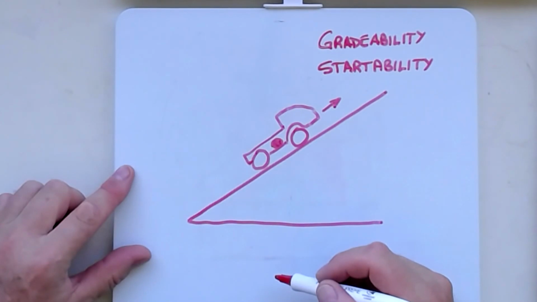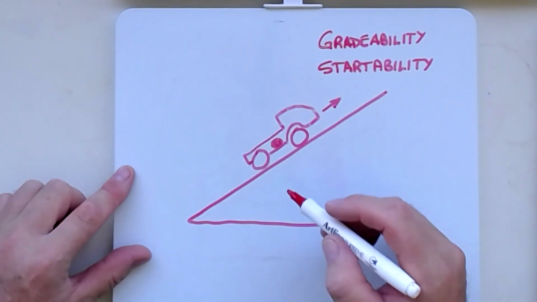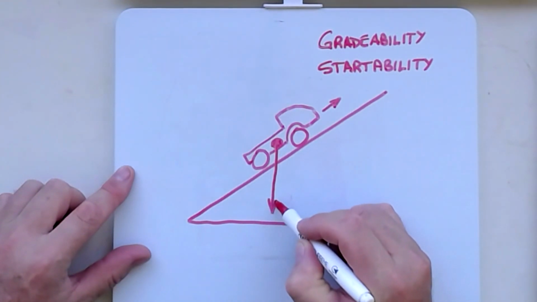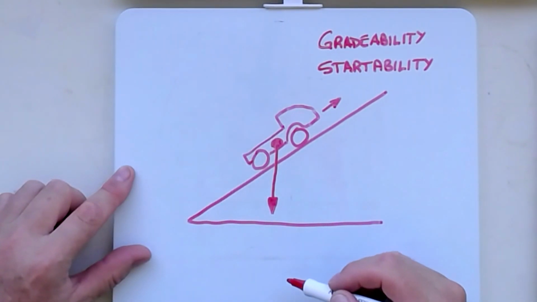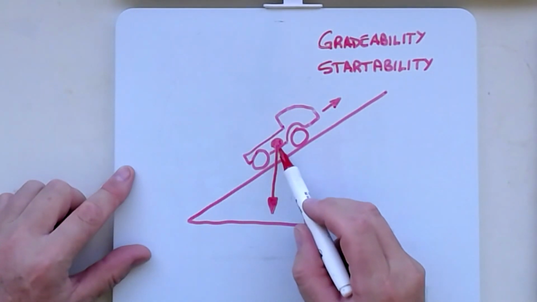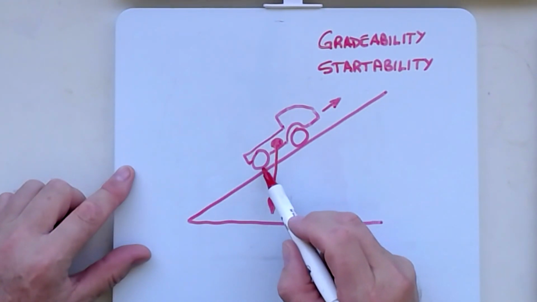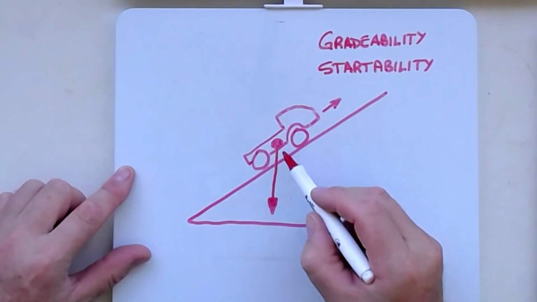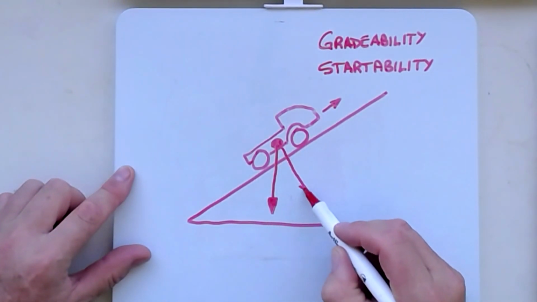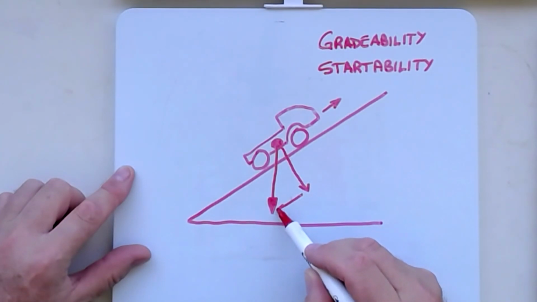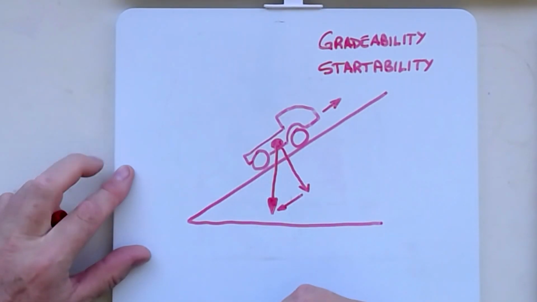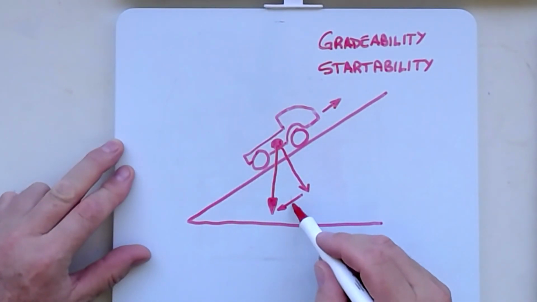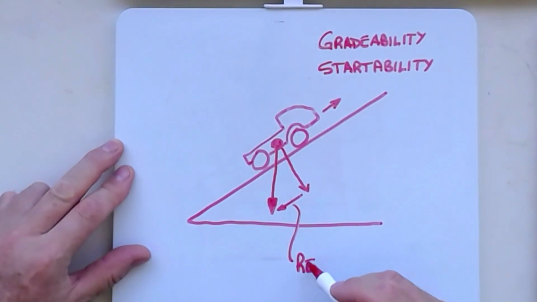Now, a big part of why grades are important comes back to this center of gravity. I'll draw a line of force representing the weight. You can immediately see that the weight has shifted more towards the rear wheels here and away from the front. But if I break that force into its components, perpendicular and parallel to the grade, what's happening is the grade is forcing the weight to create more resistance.